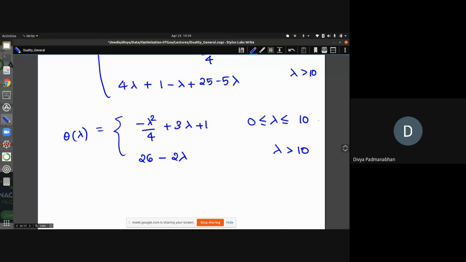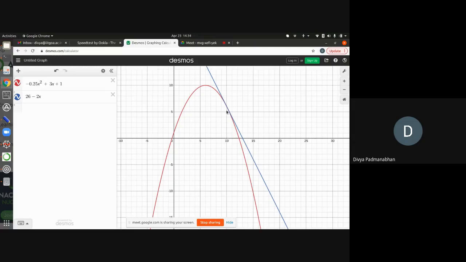We are only interested in positive values, so from 0 till 10 it's the red curve, and after 10 it's the blue curve. You can see that the maximum is attained somewhere here.